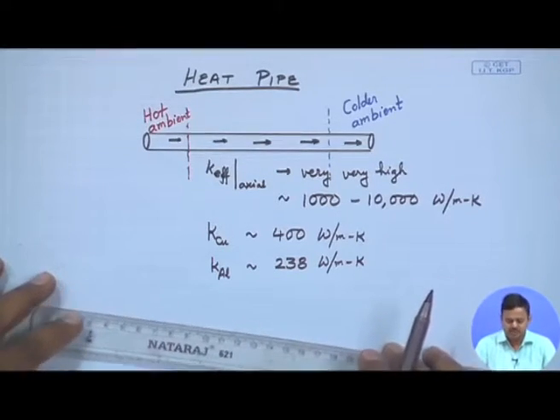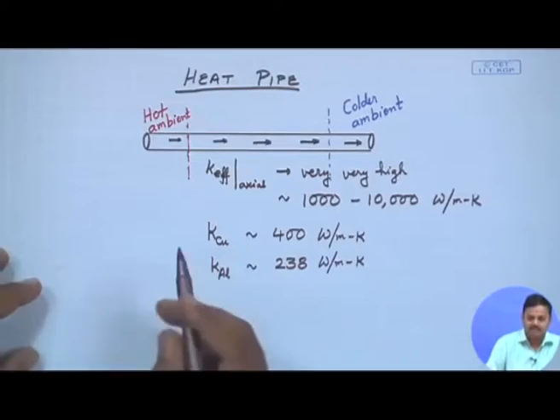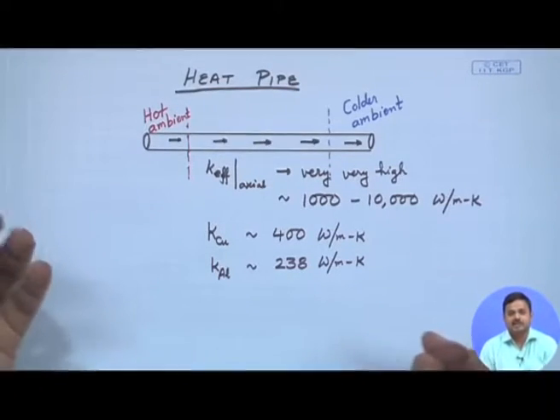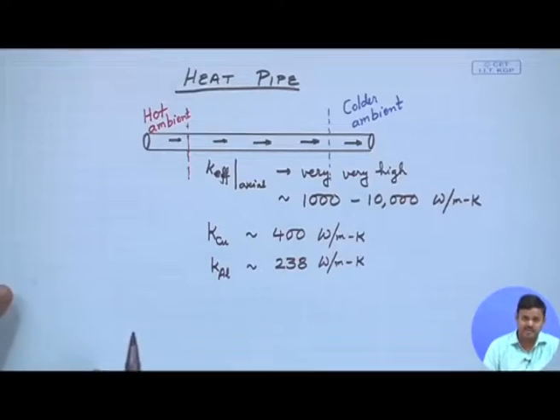The next question is, what is it that gives this heat exchange device such a high thermal conductivity? Because normally, unless it is a very specialized and expensive material, even if we talk about diamond, we cannot get this kind of thermal conductivity values. Maybe 1000 with diamond is possible, but definitely not an order of magnitude higher.